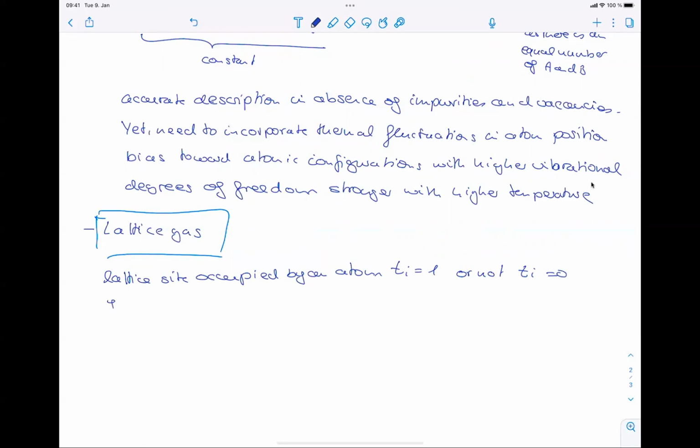And then my interaction energy favors that neighboring sites are occupied. So the interaction between the gas atoms can eventually lead to a condensation. Neighboring sites occupied.